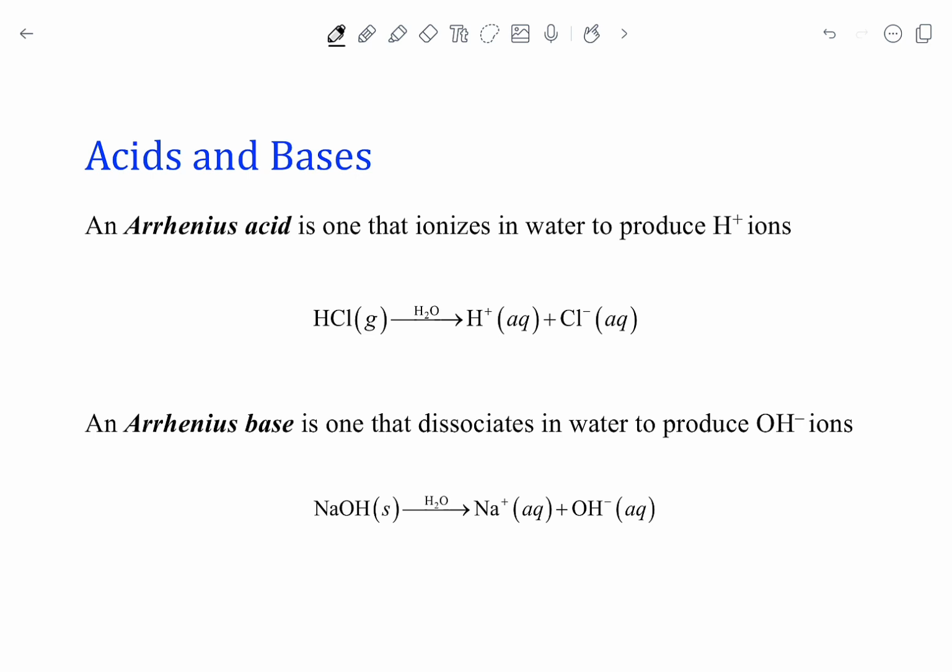So this is what we saw in our previous lesson, where we saw our strong acid dissociating into its individual ions through ionization. For the Arrhenius base, it is one that dissociates in water to produce OH- ions. Again, this is what we previously discussed, where we said acids have a hydrogen and bases have an OH.